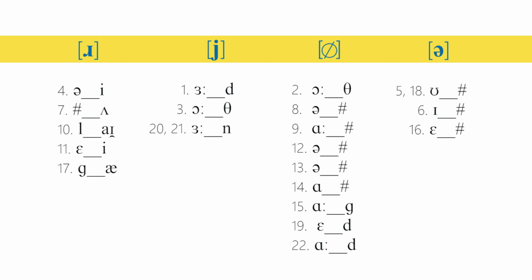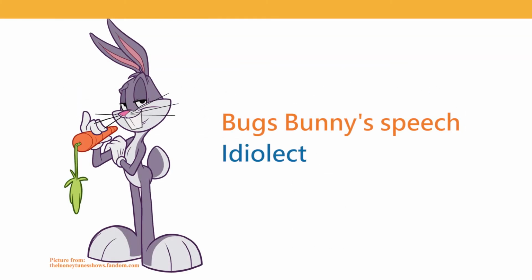He has some sort of accent, basically something like a Brooklyn accent from New York, like Bernie Sanders. But he has this peculiarity, which is a feature of his idiolect. So we could call this Bugs Bunny's idiolect too.